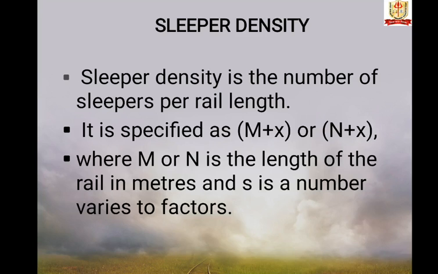The density of sleepers mainly depends upon the following factors: actual load which the track is expected to carry, speed of the train, the lateral thrust of locomotive, and methods of providing rail joint. The number of sleepers, however, cannot be increased indefinitely since a certain minimum space between any two sleepers is required for packing of ballast. In India, the spacing for packing of ballast is kept at 30.5 to 35.5 centimeters, except at joints.